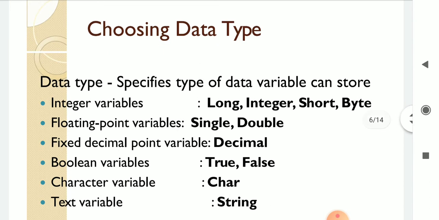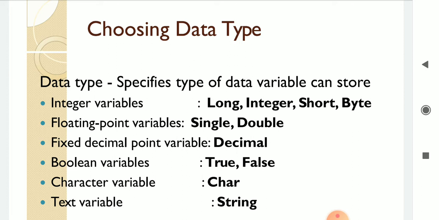Now, data types. As I told you, a data type is a type of data. First you have to decide the variable name, then you have to decide which type of value you want to take in it from the user side. For example, student name. The data type cannot be a number because a name contains text.